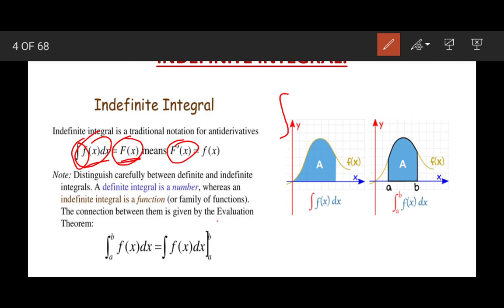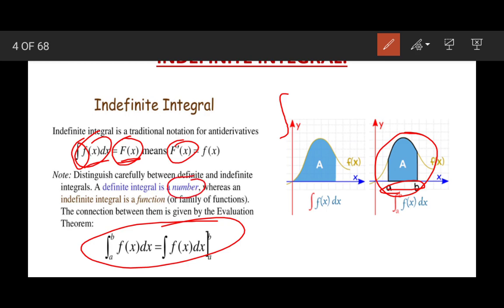So this is for the definite integral. This diagram represents the definite integral. A definite integral is for a particular range. The range is given, so for particular values, and that's why we are getting the definite integral as a number.